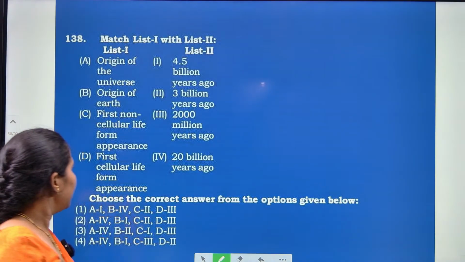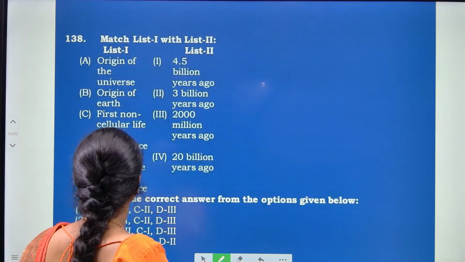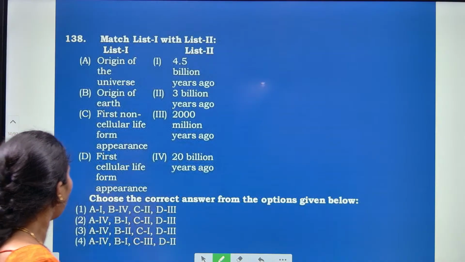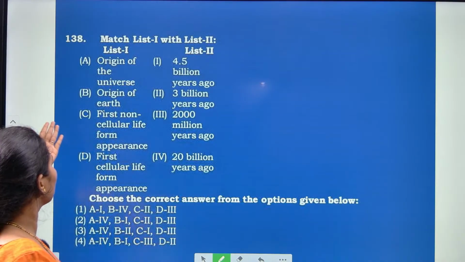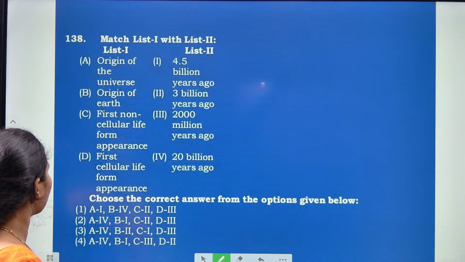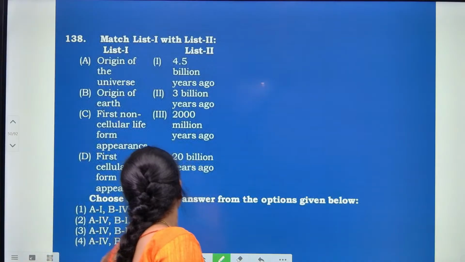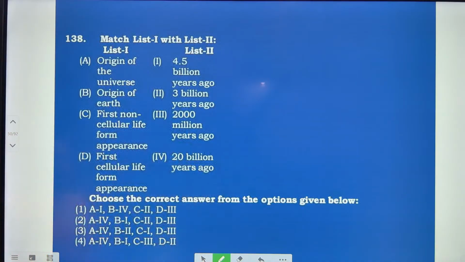Now it is match the following: the origin of the universe, the origin of earth, the first cellular life forms appear, and the first non-cellular form of life. You have to match them.